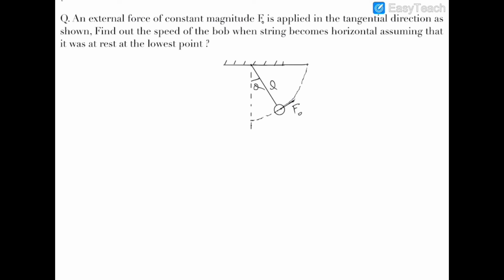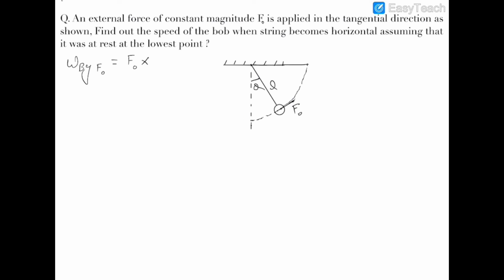So this force is of constant magnitude and it is always acting in the tangential direction. So the work done by the force F naught will be equal to F naught into the arc length, because it is always acting in the tangential direction.